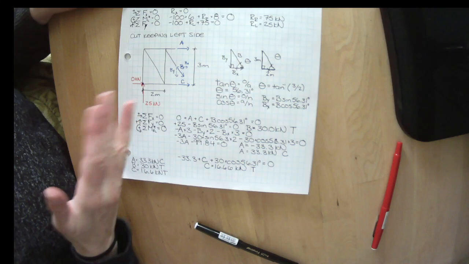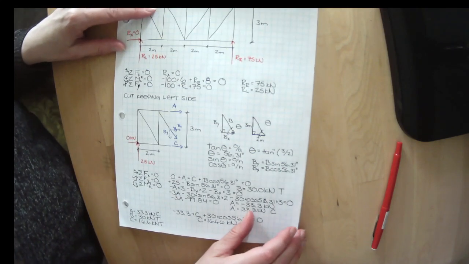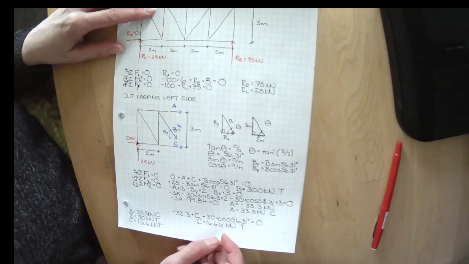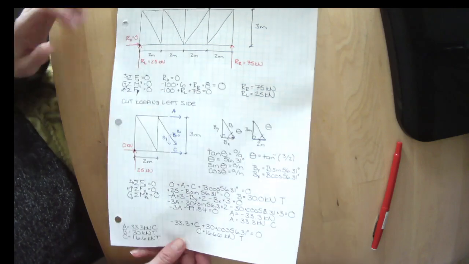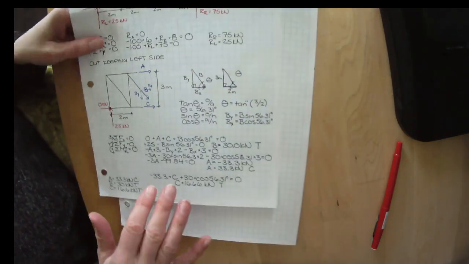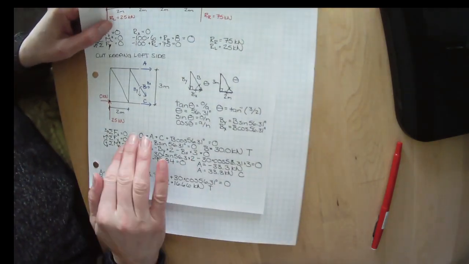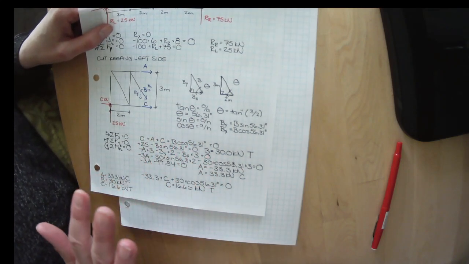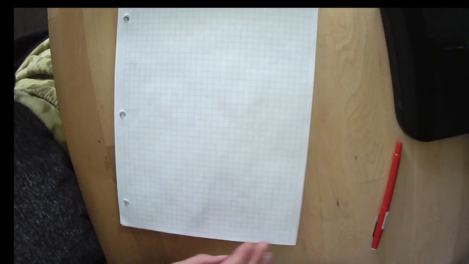I want to know, does it matter which side I keep? Now, what do you think? Just take a guess. Do you think I'd be going through all this if you couldn't just do it however way you wanted? It doesn't matter. We're going to prove that it doesn't matter if you keep the left-hand side or the right-hand side. If you do method of sections, as long as you're consistent, you'll get the same answers.